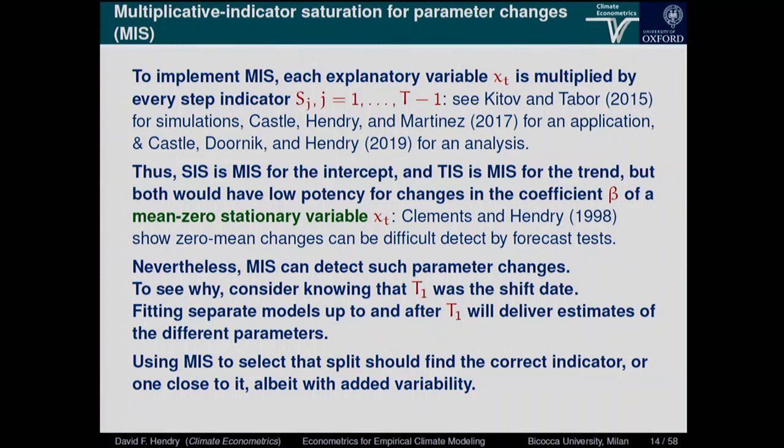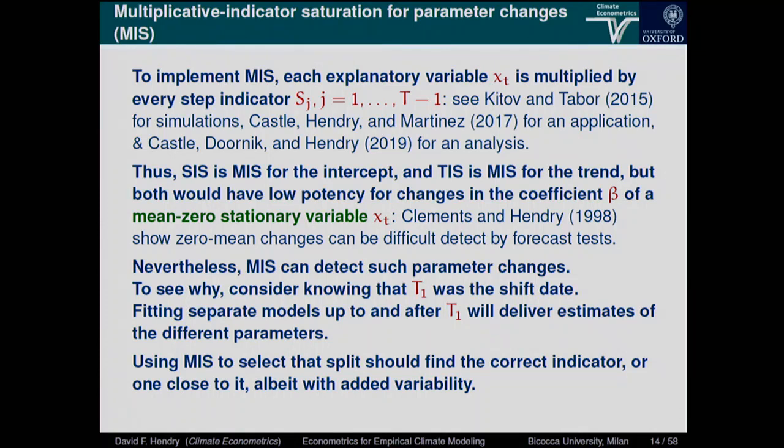But even in a world of zero mean changes that Mike Clements and I have shown in a number of papers are very difficult to detect in forecast tests. Indeed, forecast accuracy is often hardly affected at all by the changes in parameters of mean zero stationary variables. But you can pick these up by MIS, as we've shown both theoretically and empirically.